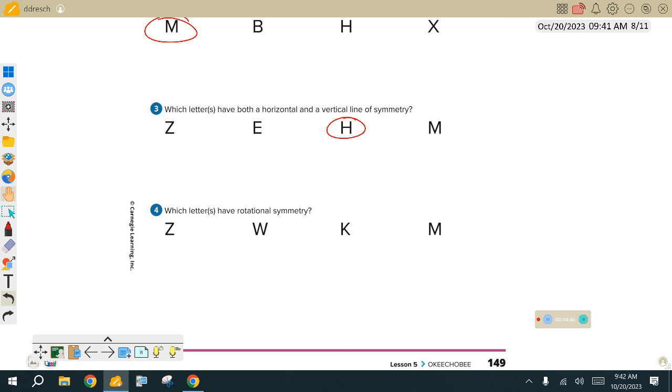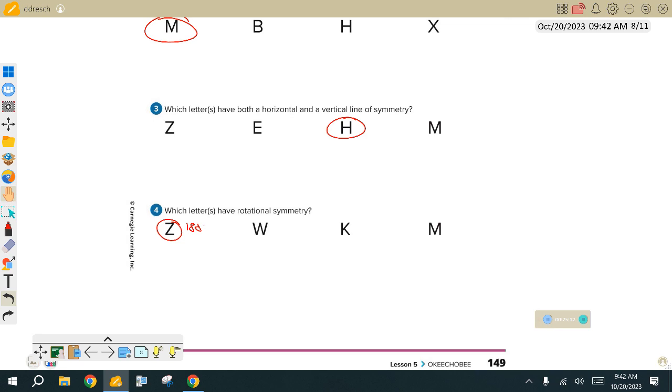So you can take your patty paper, trace on Z, and then if you turn your patty paper, 90 doesn't work, does it? But I think if you turned it 180, I'm pretty sure Z gets you 180, doesn't it? So I think Z works for 180. It's less than 360 as it's defined. So I think Z works.